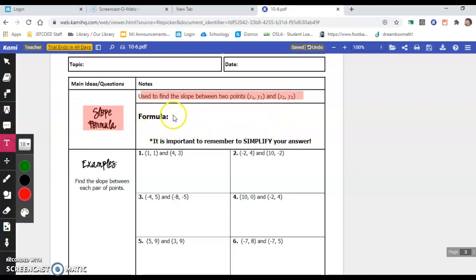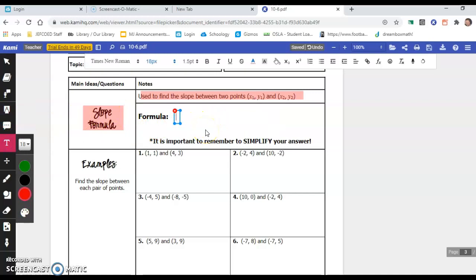Okay, so the formula to find the slope, guys, would be M equals, and that is your y2, I'm going to capitalize that y, your y2, minus your y1, and that's going to be over, that really right here, guys, like we just said, is going to be your fraction bar, x2 minus x1. So you're finding the difference between your y values and your x values.